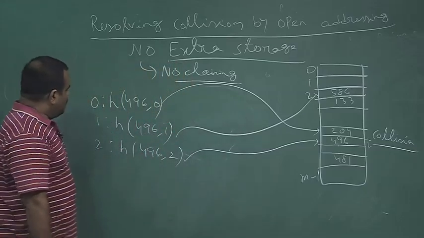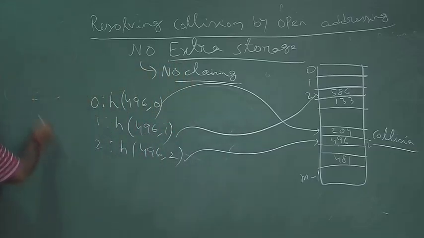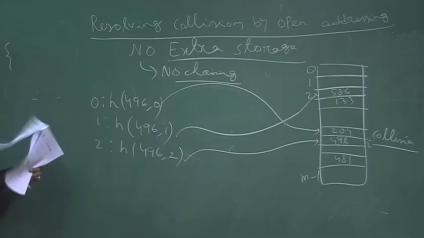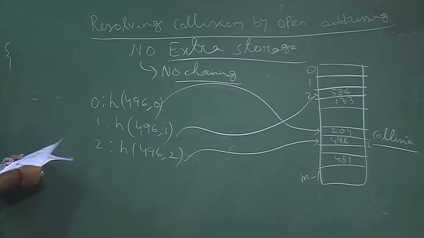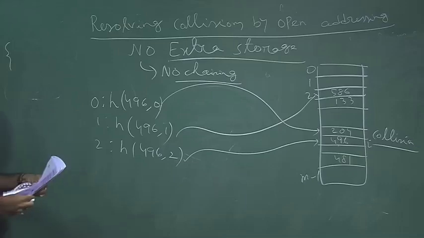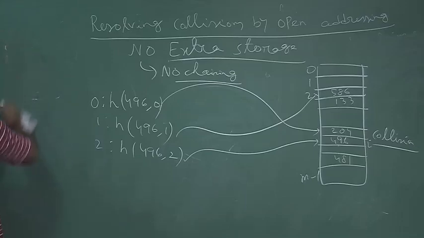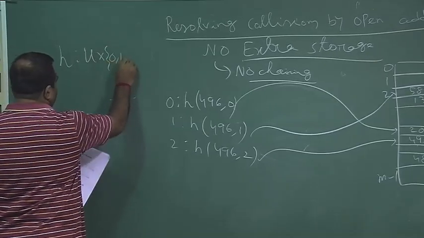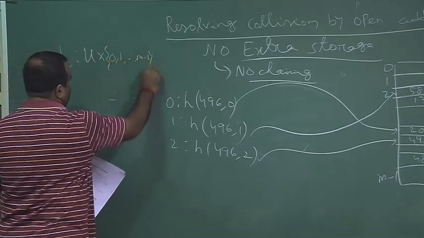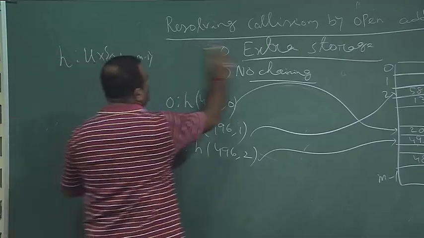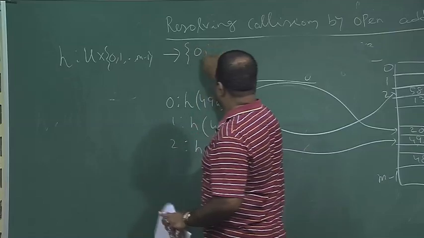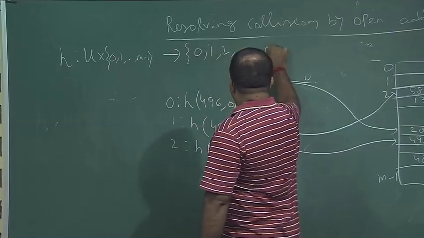Okay. And so here we are handling a sequence of hash functions like this. So, it is basically U cross, this is the probe sequence. How many times? At most 0, 1 up to n minus 1.